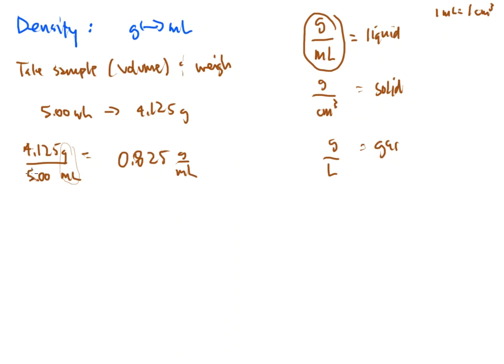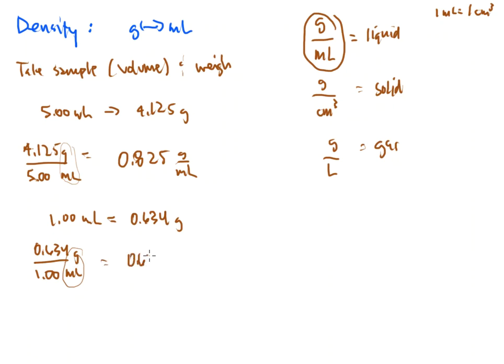In a laboratory, we actually make things a little bit simpler. In a lab, most of the time we will use 1 milliliter. Let's say that 1 milliliter weighs 0.634 grams. Well, if I take my 0.634 grams and divide it by my volume of 1 mL, there's my grams per mL, right?